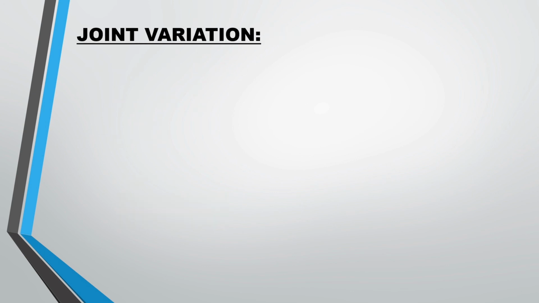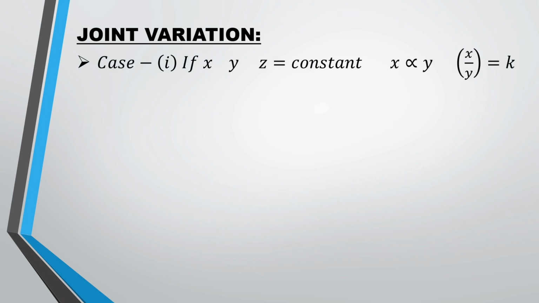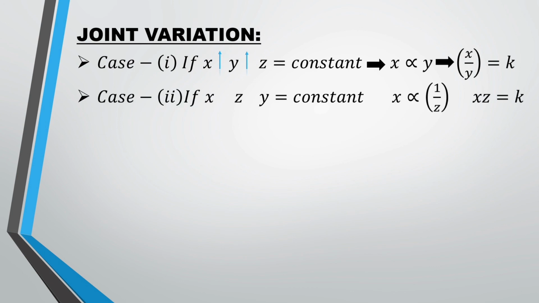And the next one is joint variation. Case 1. If x increases, y also increases and z remains constant. That implies x is directly proportional to y. That implies x by y is equal to k. Next, case 2.